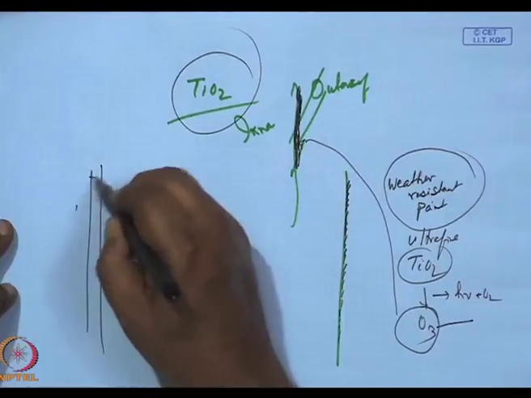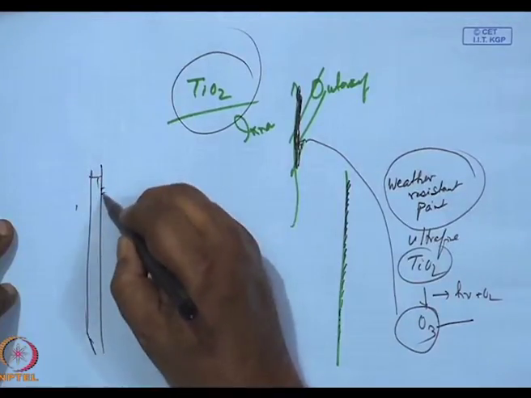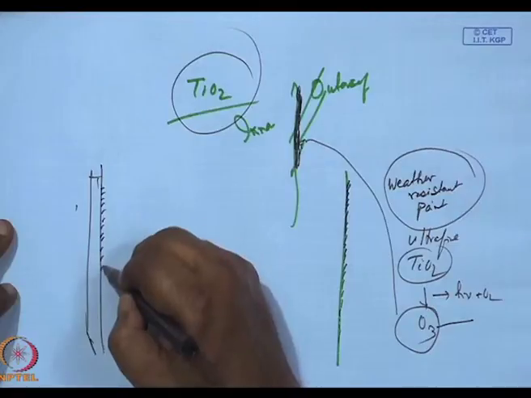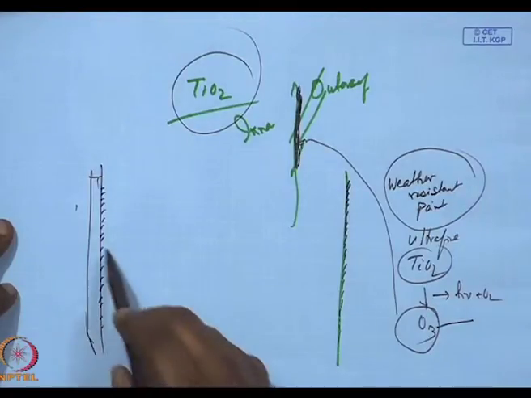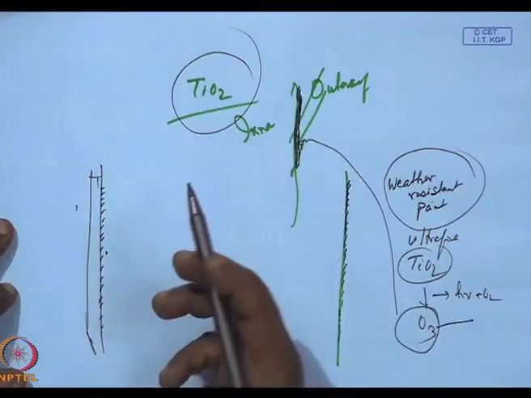So, in today's glass technology for architectural purposes, people are now trying to put in, this is the glass body, a titanium dioxide coating over here on the glass body, so that this coating can help burn off the organics which deposit on it and cause the glass to become hazy.